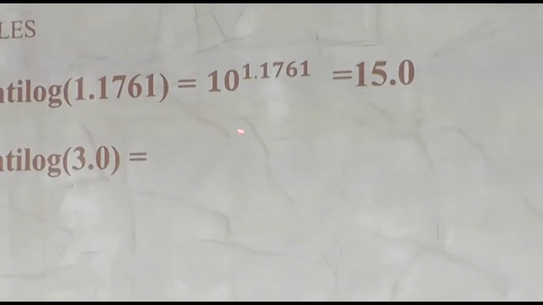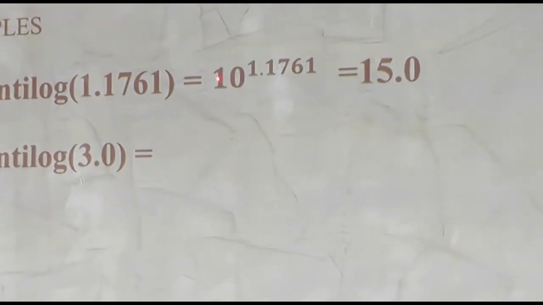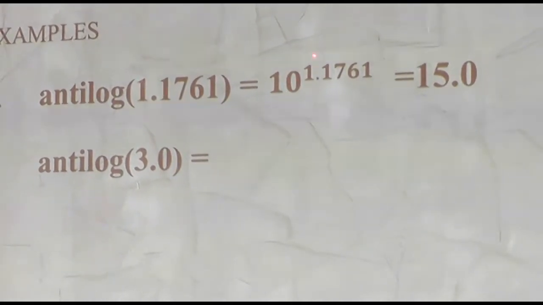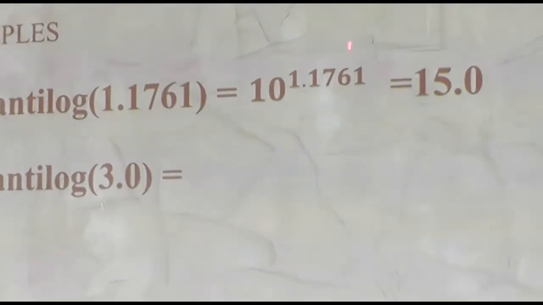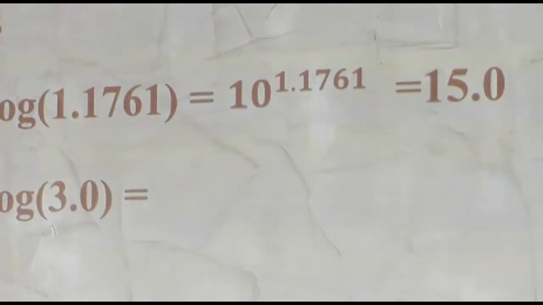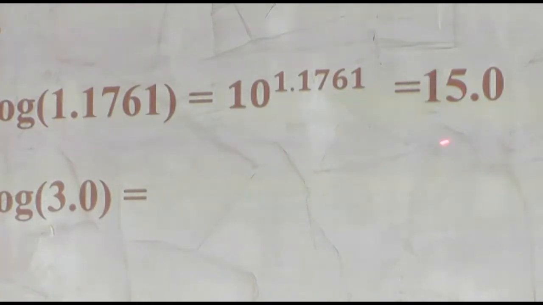So that is all about antilog. Remember, we are working with base 10. So 10 raised to a power of 1.1761 will give what? That is antilog. So if we've succeeded in finding what it will give, then we've succeeded in finding the antilog.